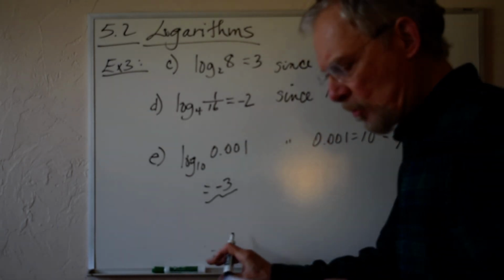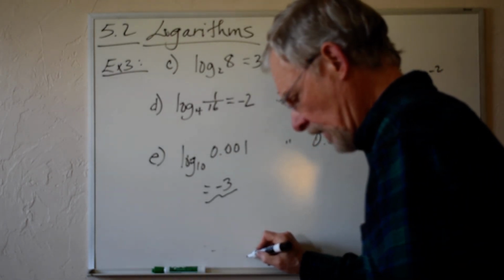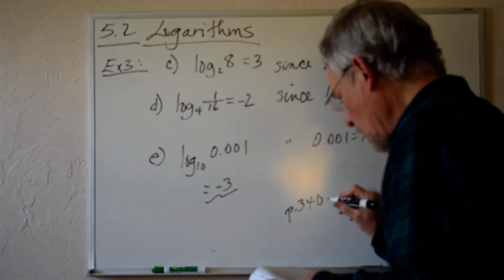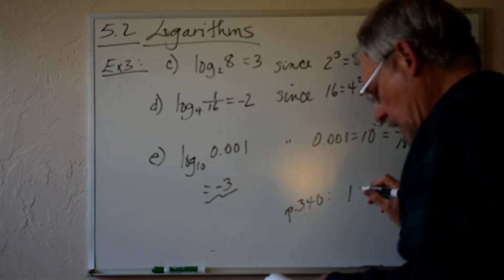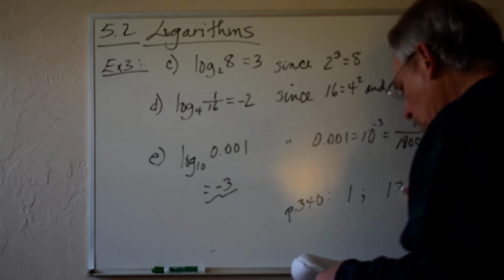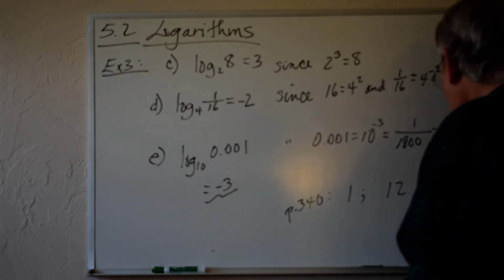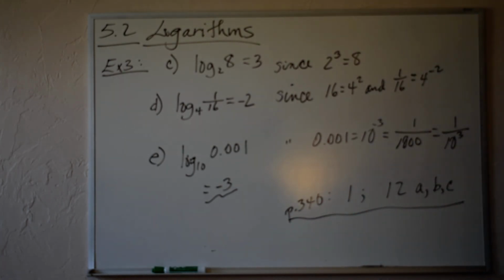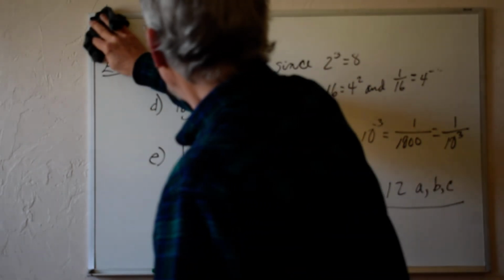Now, why don't you practice with a couple of these? On page 340, do number 1, and then do number 12, parts A, B, and C. Okay, we'll come back in a couple of minutes and see how you made out. Okay, let's check this out.